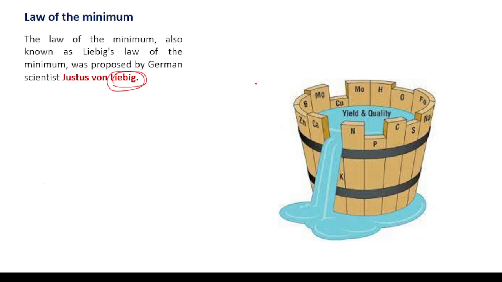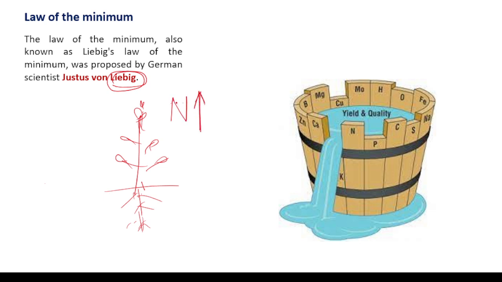What the law of minimum says is that the growth of a plant is determined by the lowest amount of nutrient present in the soil. If there is a high amount of nitrogen, that does not mean plant growth is very good.